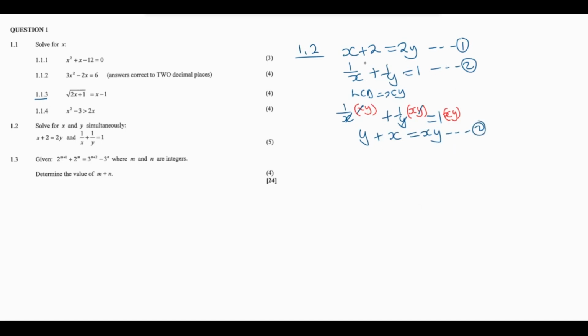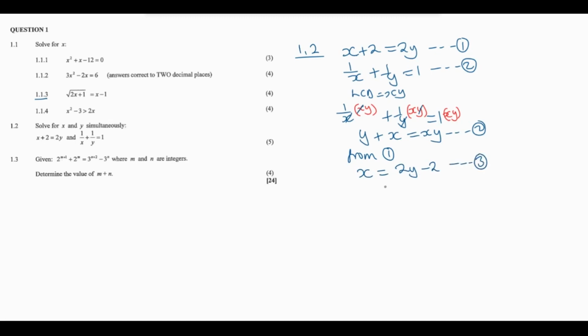Right. So now from equation 1, we can isolate x. We can isolate y, but y is going to create fractions for us. So let's isolate x. And then x is equal to 2y minus 2. That's equation 3, from equation 1.